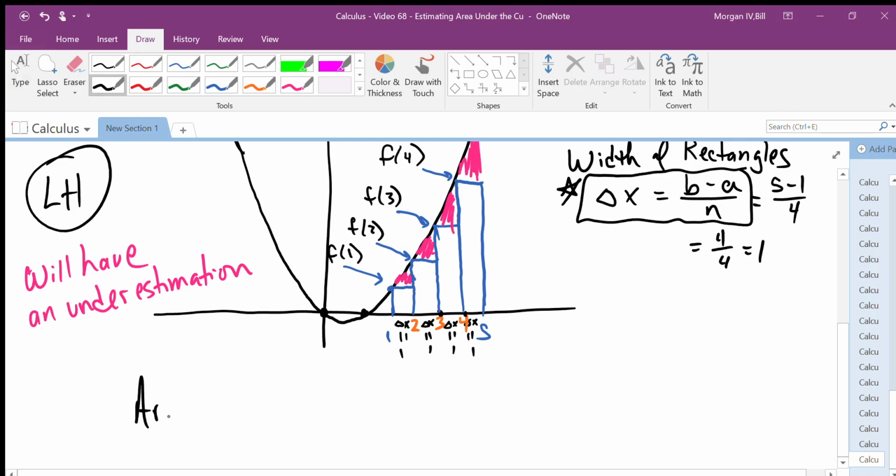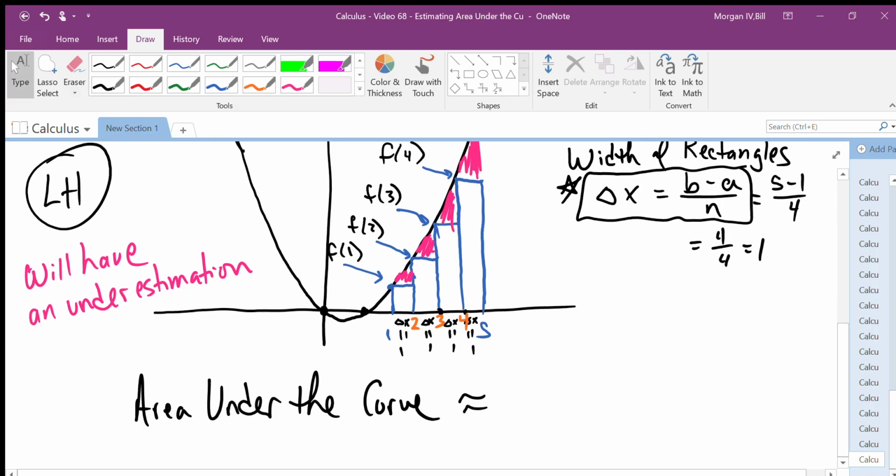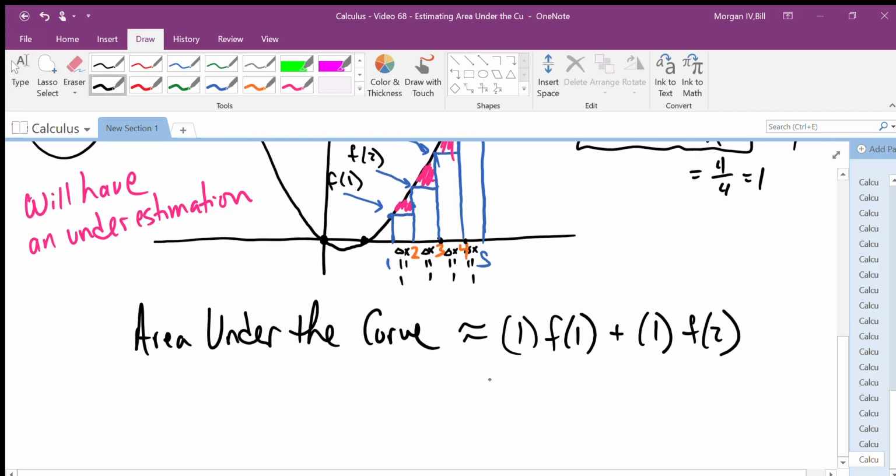The area under the curve is approximately equal to the base of the first rectangle, that's a base of 1, times the height at f of 1, plus the base of the second rectangle, 1, times the height at 2, f of 2, plus the base of the third rectangle times the height, f of 3, plus the base of the fourth rectangle times the height, f of 4.